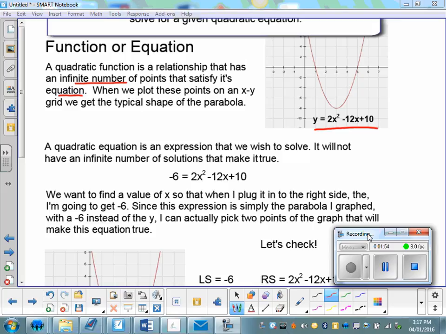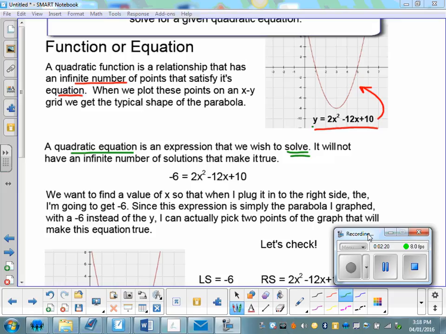And when we figure out all the points that satisfy that equation, we end up with this parabola. If we were looking at a quadratic equation, that's an expression that we wish to solve. So it doesn't have an infinite number of solutions that make it true. If we put -6 in there instead of the y, then that's a quadratic equation.